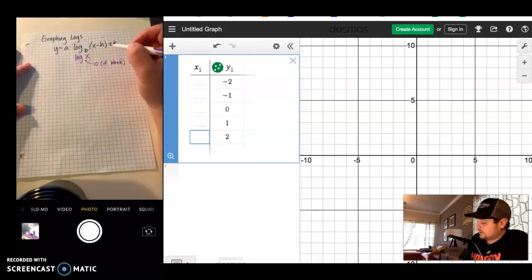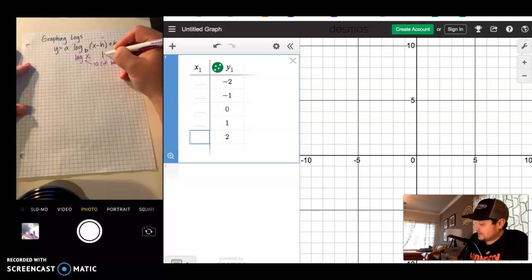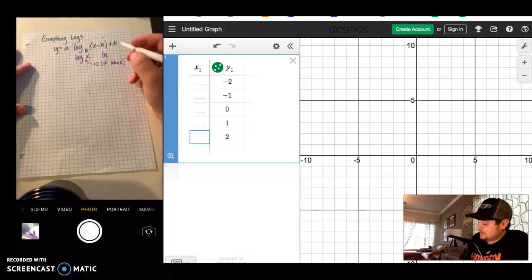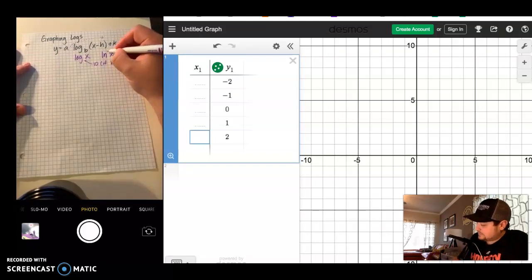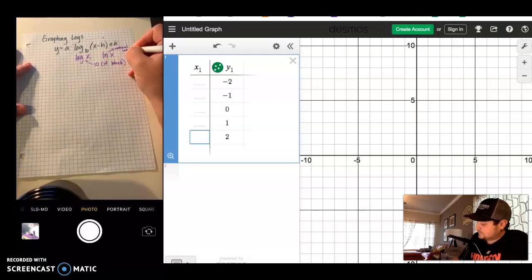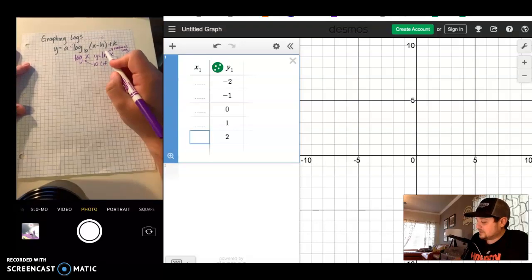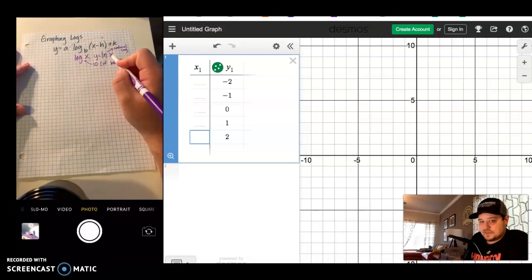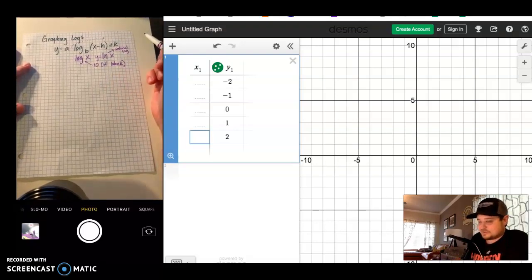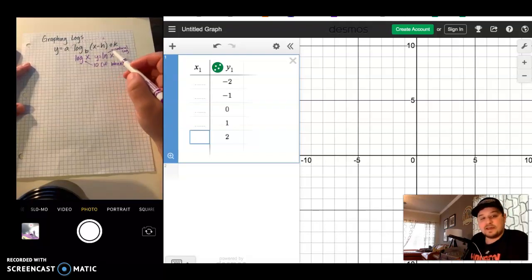And then another one that I want to introduce you to is the ln of x. We say this as a natural log. If I was going to read this, y equals the natural log of x. I think it's also mathematically correct to say y equals ln of x.